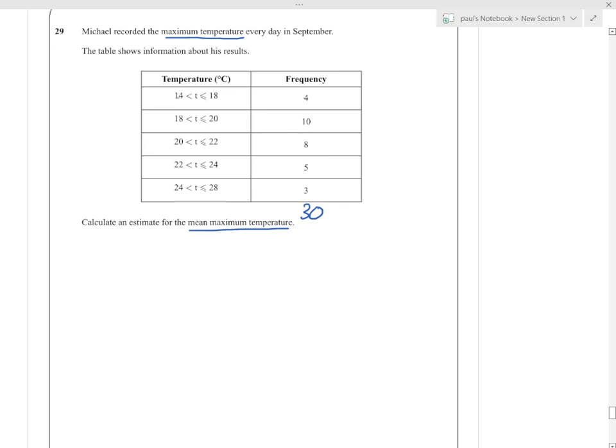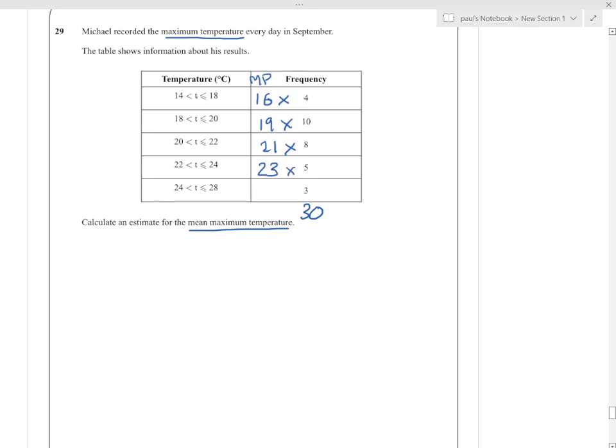To find the midpoint of 14 to 18, that's just going to be 16, isn't it? 16 times the frequency. The midpoint of that is 19. Midpoint of that is 21. Oh, they made the numbers fairly decent, 23.